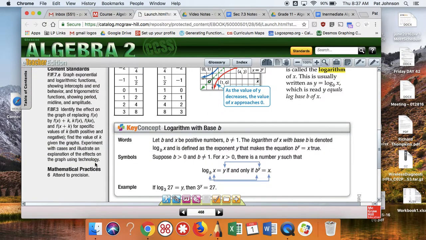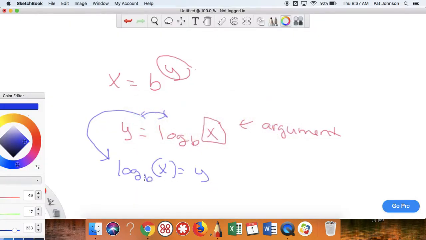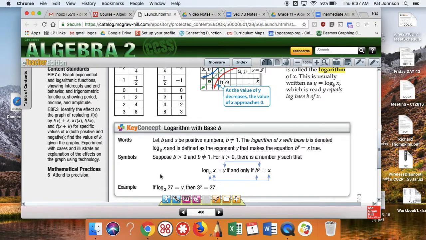Let's look at the key concept box for a logarithm with base b. You see the base is written at the bottom as a subscript, which we can think of as a base because we normally think of a base as being at the bottom. So if we let b and x be positive numbers, the argument x and the base b, and b cannot equal 1, then the logarithm of x with base b is denoted log base b of x and is defined as the exponent y that makes the equation b to the y equals x true.